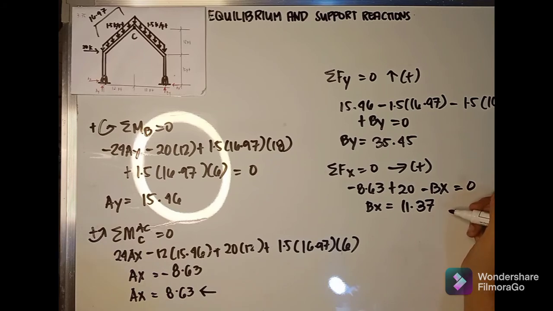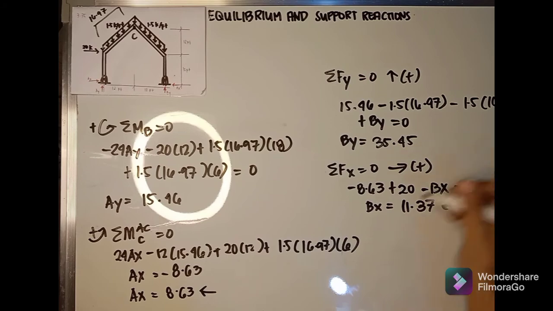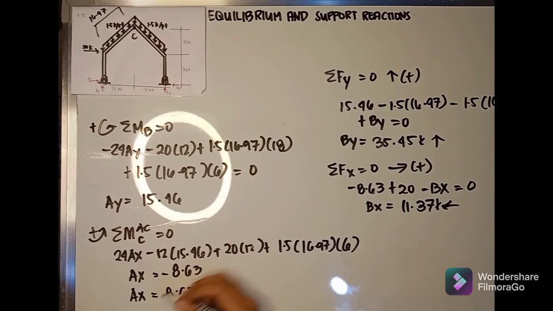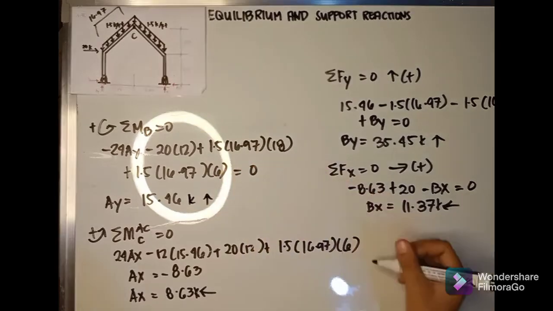Since it is positive, our assumption is correct. So, for BX 11.37 to the left, BY 35.45 kips upwards. For our AX 8.63 kips to the left, and for our AY is 15.46 kips upward.